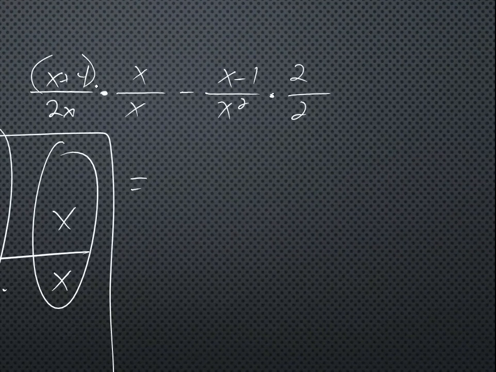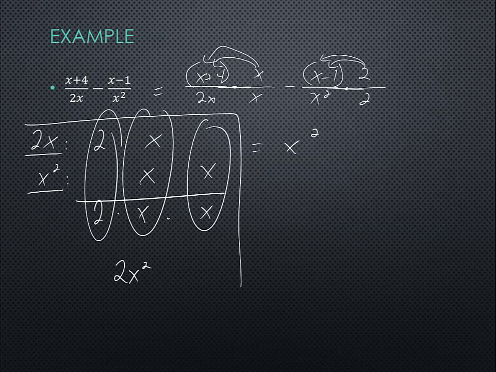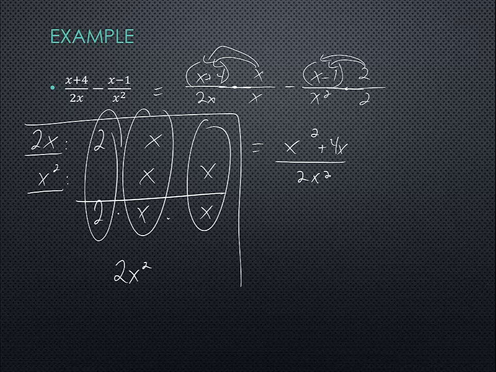Go ahead and multiply together your fractions. And we would get, distribute your x inside, distribute your 2 inside. We'll get x times x, which is x squared, plus x times 4, which is 4x, over 2x squared. And then minus 2 times x is 2x, 2 times 1 is 2, over 2x squared.